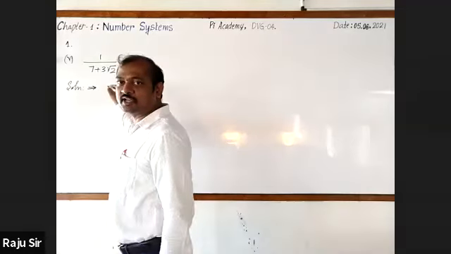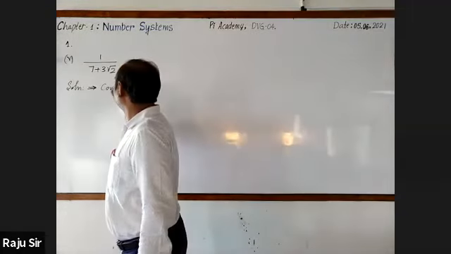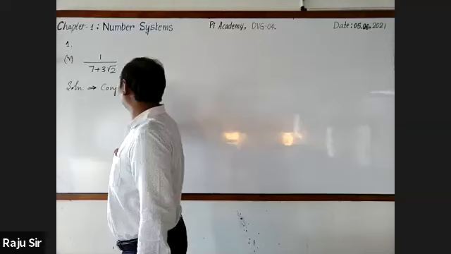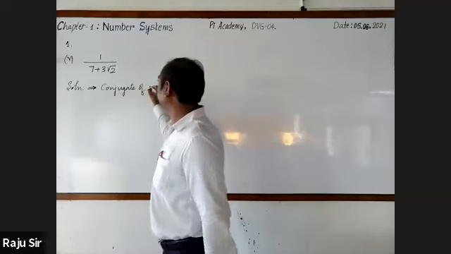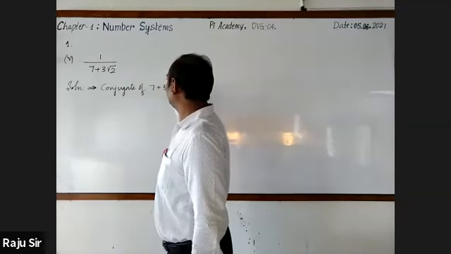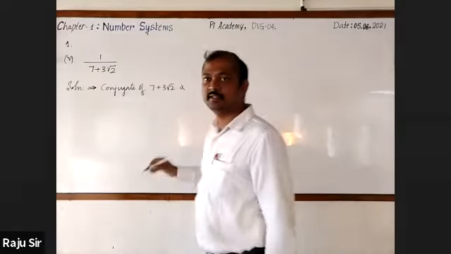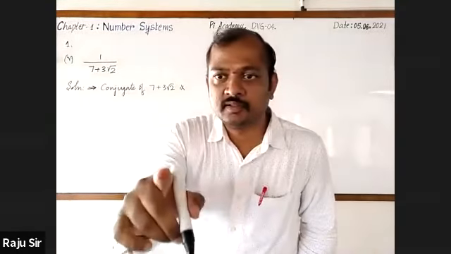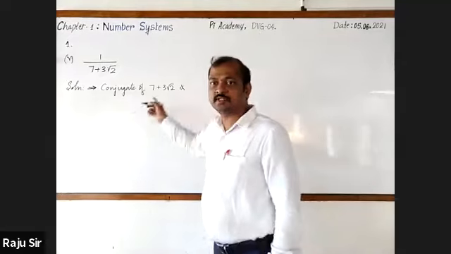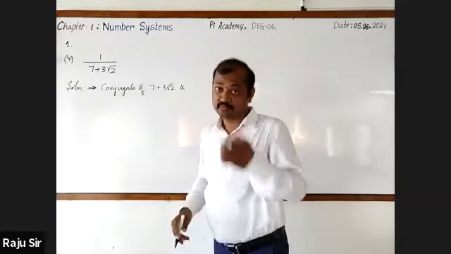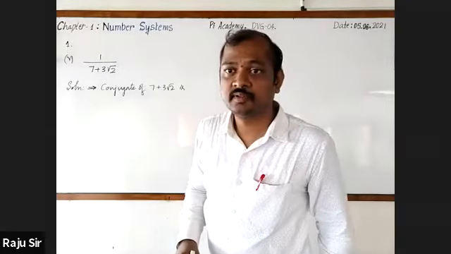Take the conjugate of the denominator. The conjugate of the denominator, that is 7 plus 3 into root 2, is. Could you tell what is its conjugate? 7 minus 3 into root 2.